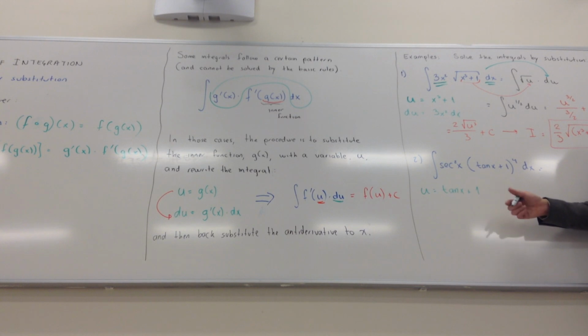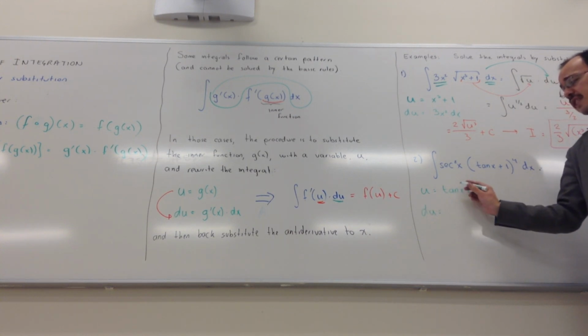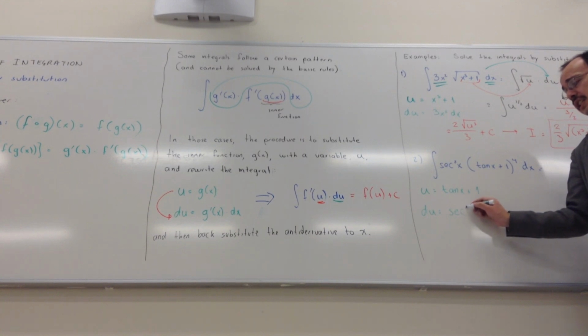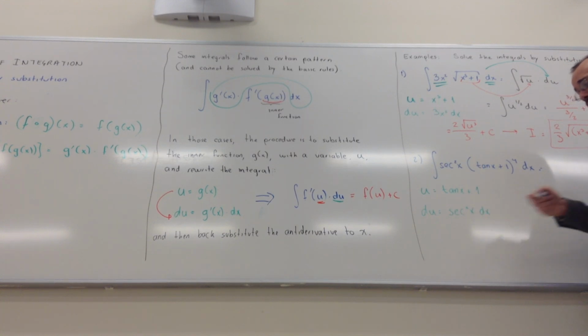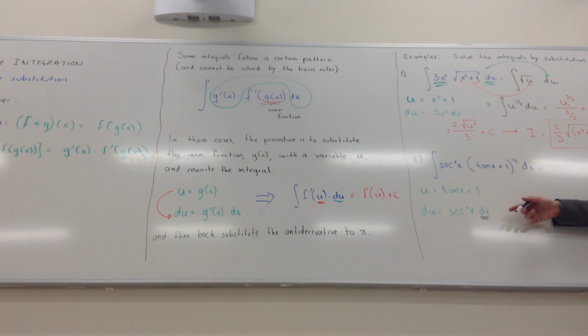It doesn't change anything. Du, the differential of this, is secant square of x dx. Common mistake, some people forget to put the dx here, but it's important. Because if you don't put the dx, there's no way to cover everything, right? So, if you don't put the dx, well, it's not complete.